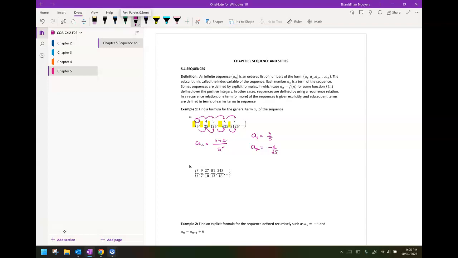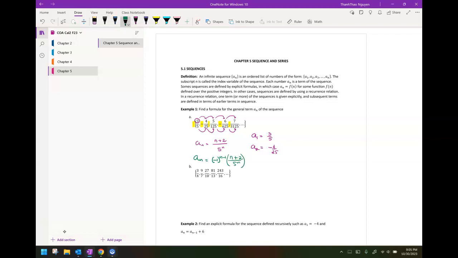Now, if we want to start out with a positive when n equals 1, then we have to change our term to a sub n equals negative 1 to the n minus 1 times n plus 2 divided by 5 to the exponent n.